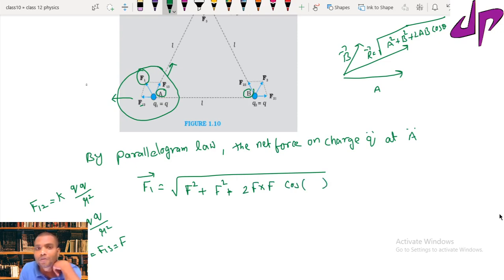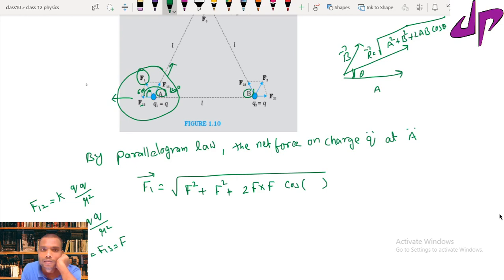Now we need to substitute the angle. Here theta is the angle between the vectors. The angle between these two vectors, the resultant vector, you can calculate by subtracting from 180 minus 60. This is the 60 degrees angle, and the total angle is 180 degrees.